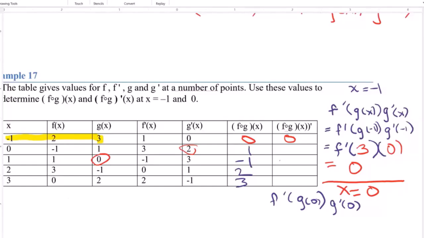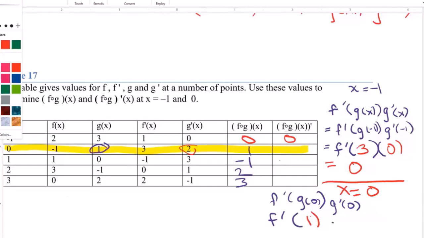Okay, well, g of 0, now I'm on this line when x equals 0. So here we go. F prime of g of 0, well, that's 1 right here. So g of x is 1. And then we have g prime of 0.